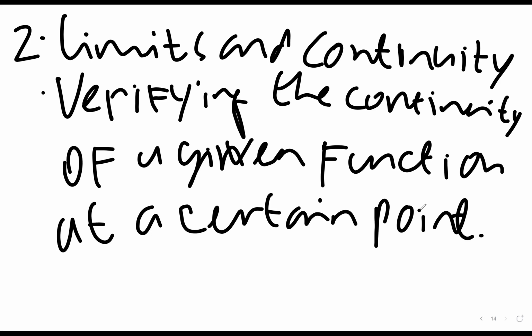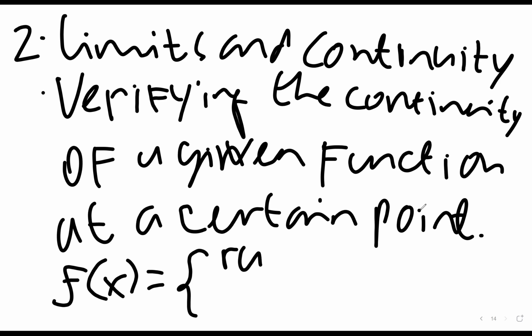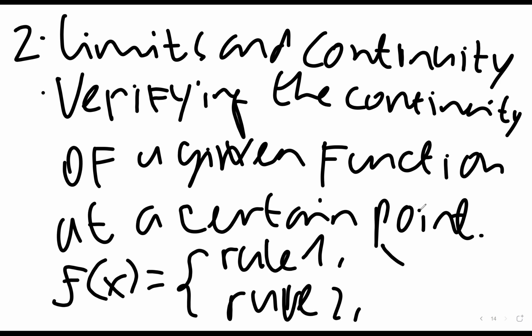The typical example will be if you are given the function f of x as rule 1 and rule 2. For example, rule 1 applies for x less than c, and rule 2 for x greater than c.